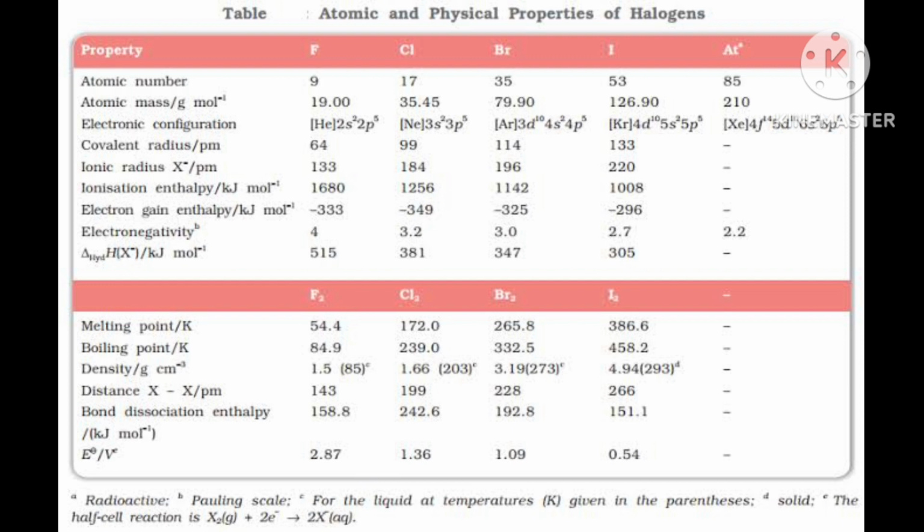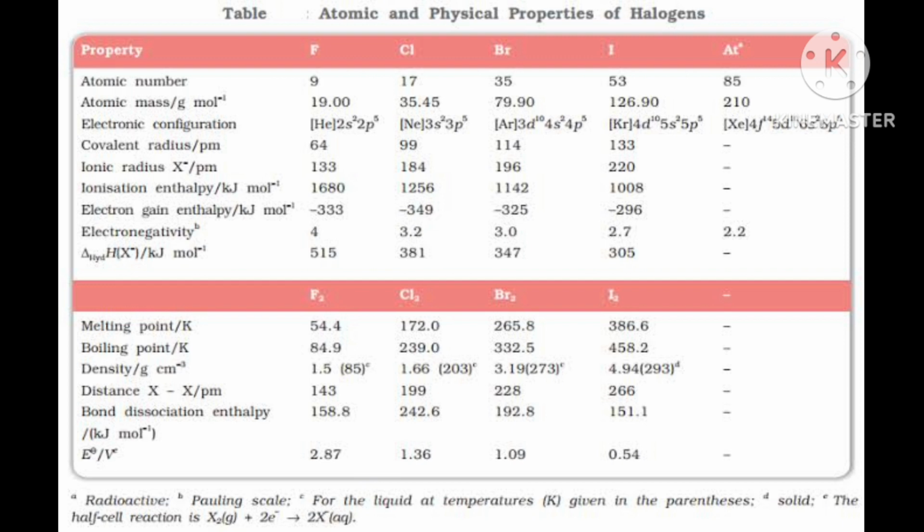All halogens are colored. Why are they colored? This is due to absorption of radiation in the visible region, which results in the excitation of outer electrons to a higher energy level.